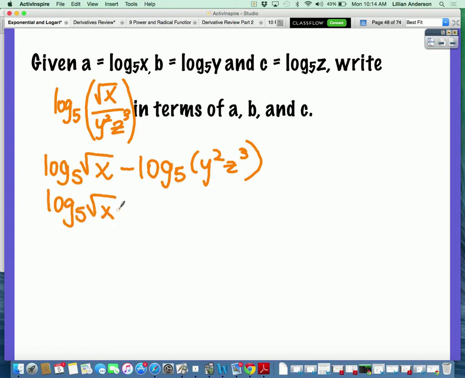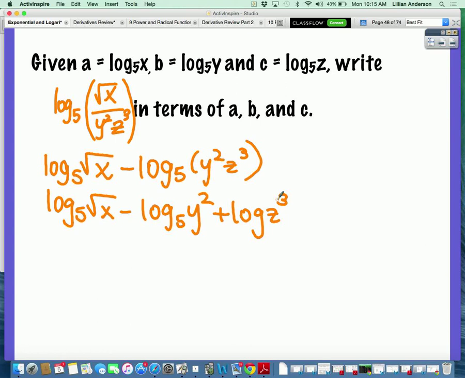So we need to expand here. Now be very careful. Isn't y squared and z cubed being multiplied together in the denominator?